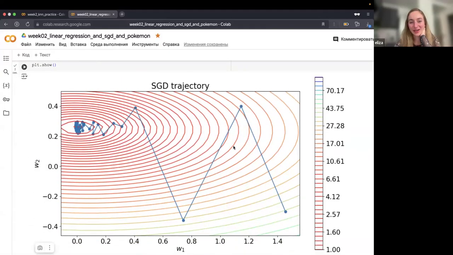And now we can see that the stochastic gradient descent trajectory becomes more stable and converges better.